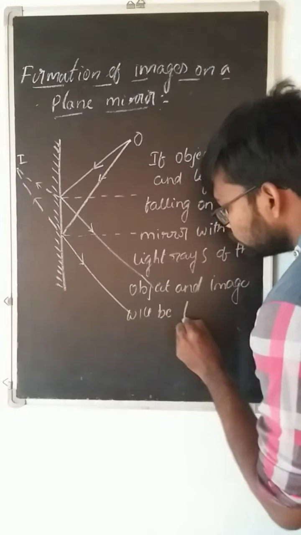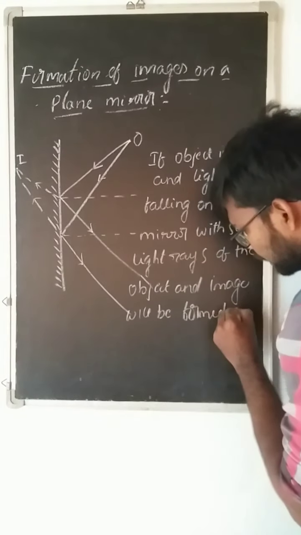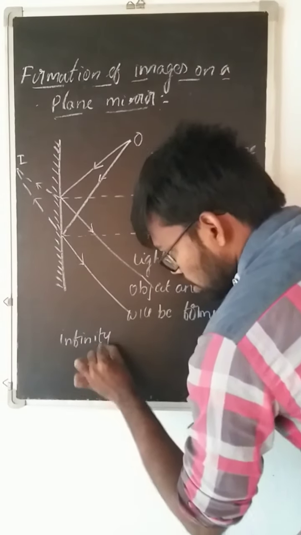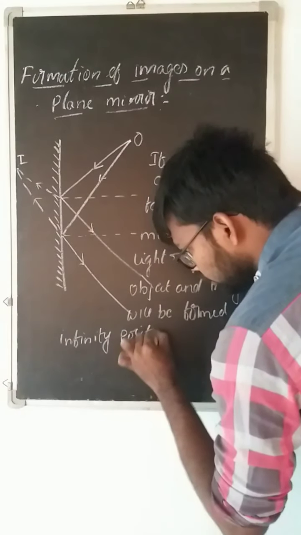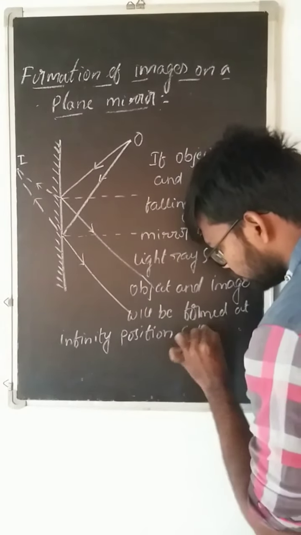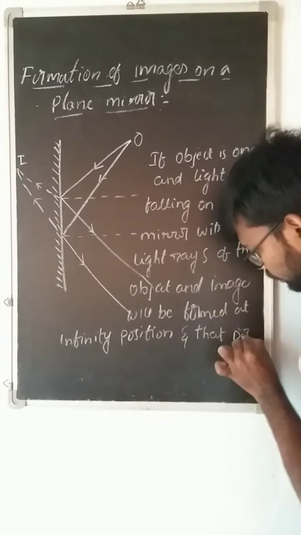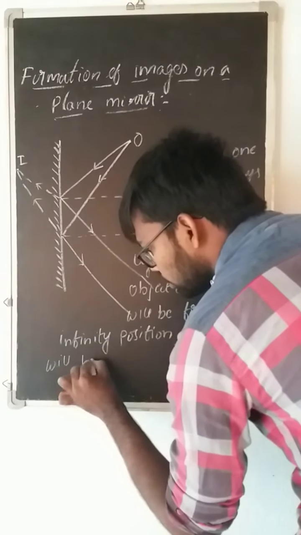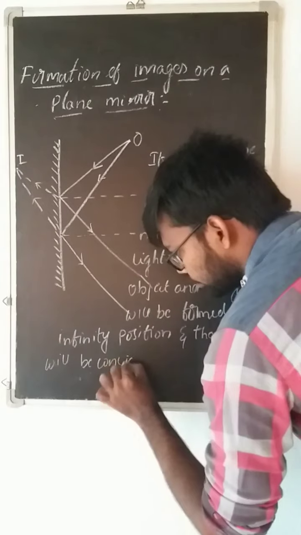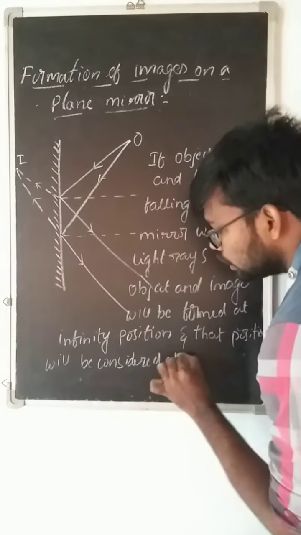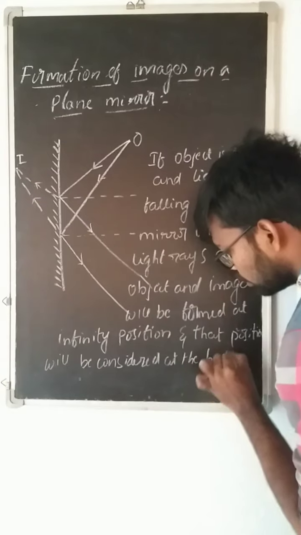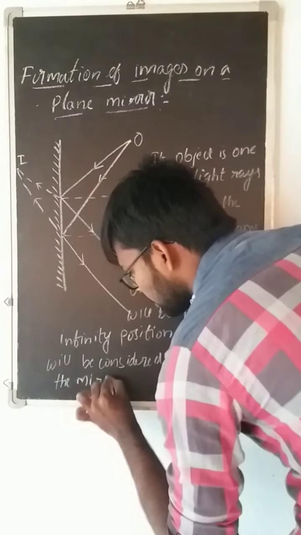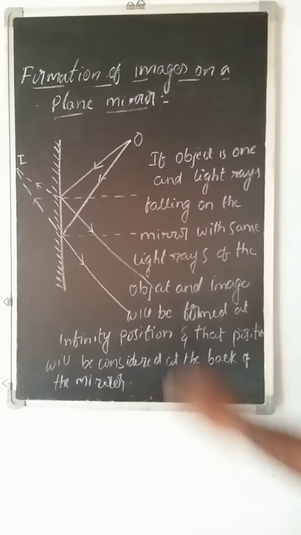The image will be formed at infinity position, and that position will be considered as the back of the mirror. Okay.